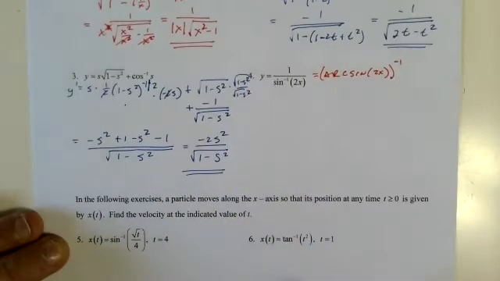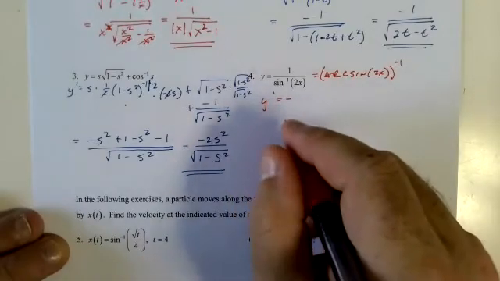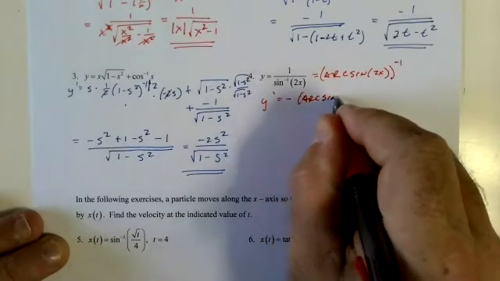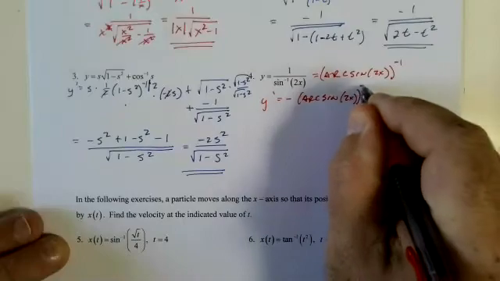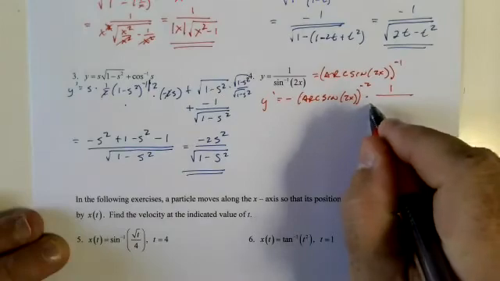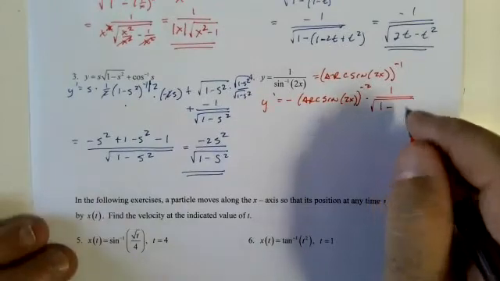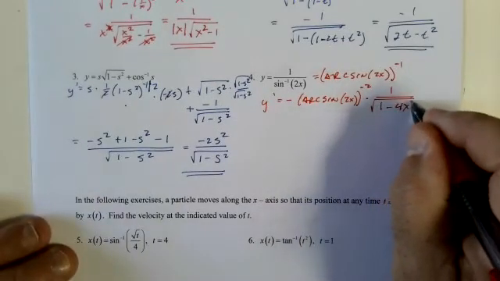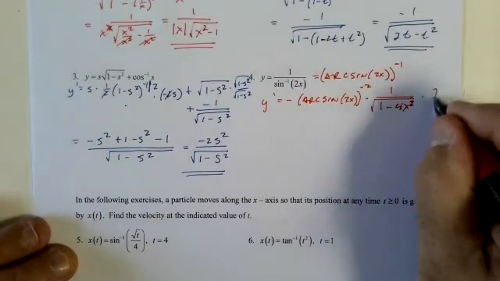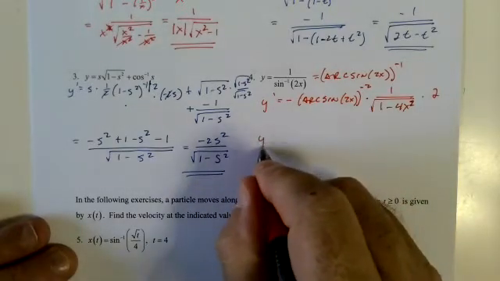Y prime equals negative arc sine of 2x to the negative second times 1 over the square root of 1 minus that squared, 4x squared, times 2. That's it. There's really nothing to simplify over here.